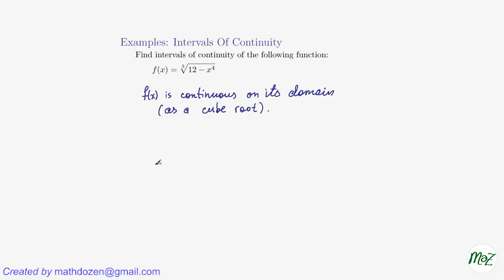Now, what's the domain of cube root? Well, cube root works for both positive and negative numbers, so the domain of f of x is all real numbers. Then that's where this function is continuous.